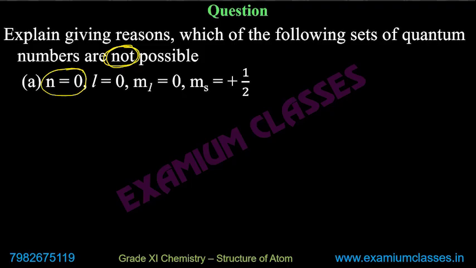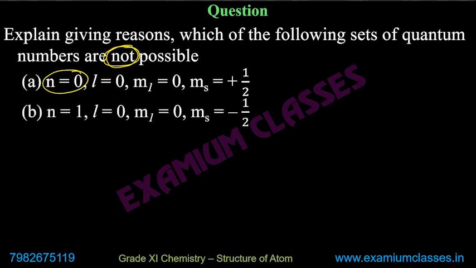So that is not possible, and you need to write the reason: n cannot be equal to 0. Other things are possible. l can be 0, ml can be 0, but n cannot be 0. Next, this one. Whether possible or not possible. n equals 1, yes, it can be. Within the first shell, there will be only s subshell.